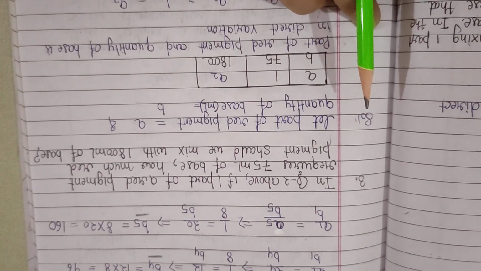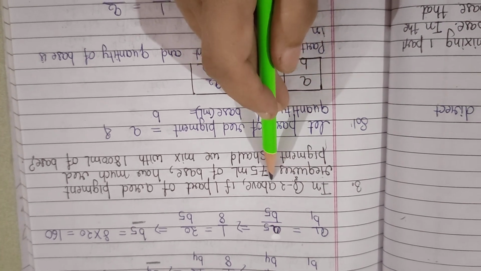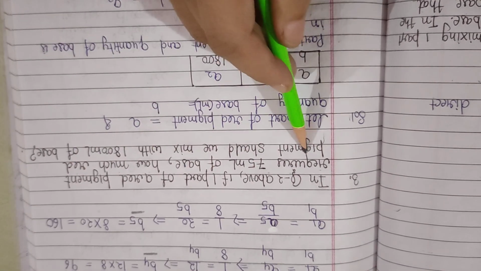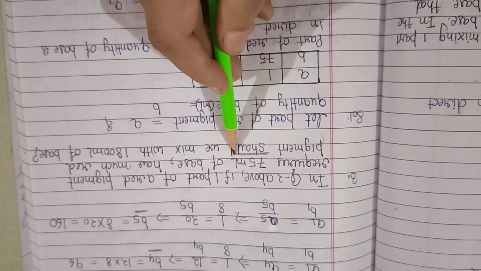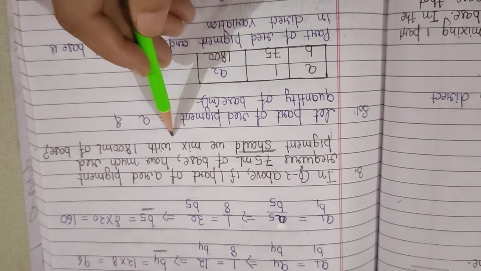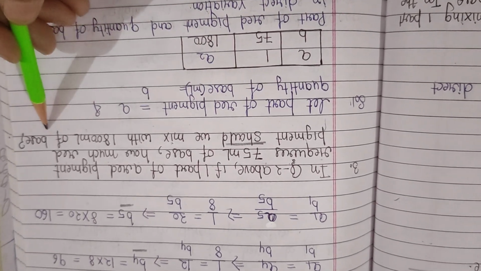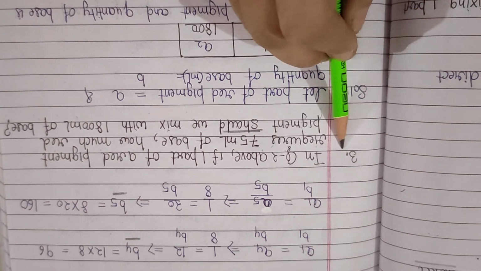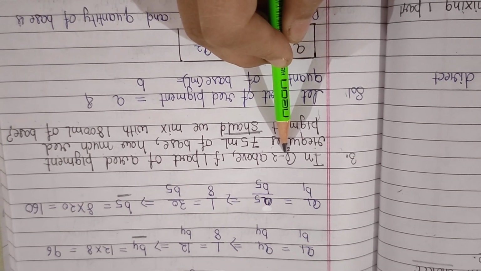Now, question number 3. In question number 2 above, if one part of a red pigment requires 75 ml of base, how much red pigment should we mix with 1800 ml of base? Here, question number 3 is related to question number 2.